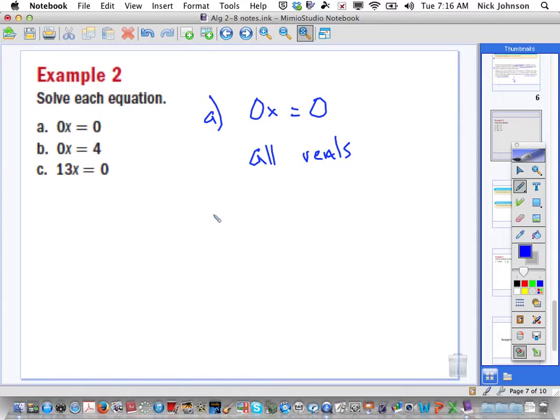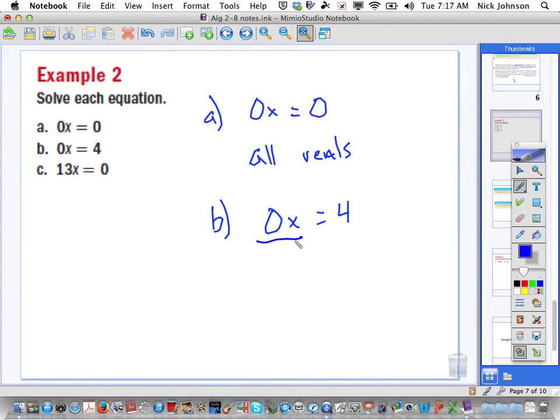Any number would work. If you look at B, it says 0 times x is equal to 4. You can look at this two ways. What number times 0 is going to give me 4? Well, no number is. There is no number I could take times 0 that is going to give me 4, because any number times 0 gives me 0.